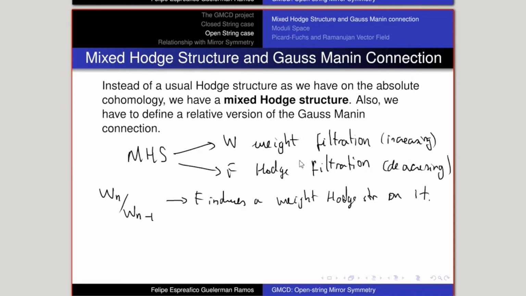So that's a mixed Hodge structure. And so instead of respecting the Hodge structure, our basis will have to respect a mixed Hodge structure. We will also have to define a relative version of the Gauss-Manin connection. But this is not really a problem, because we can just do the same thing we do in the absolute case. Formally we need to do this.